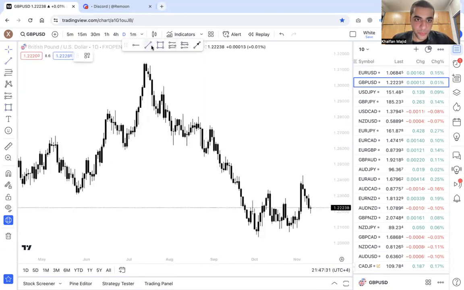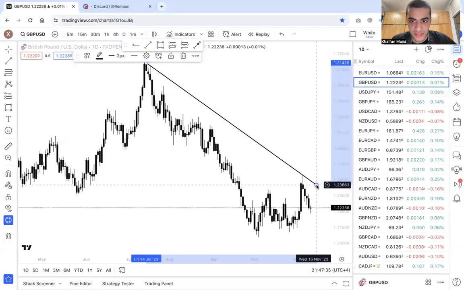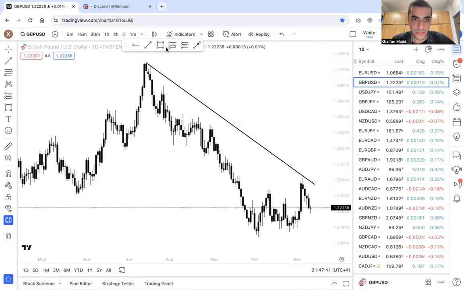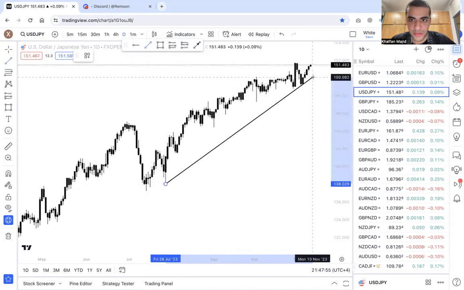GU, daily trend line. You have to be fast. USD JPY. I don't see anything over there. Maybe I'll see it on the H4.